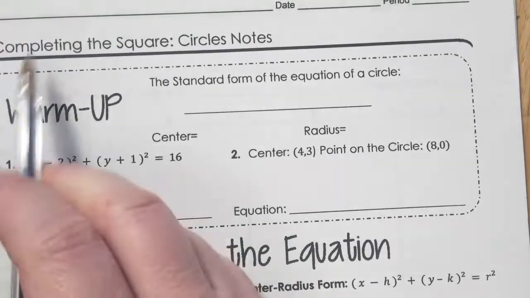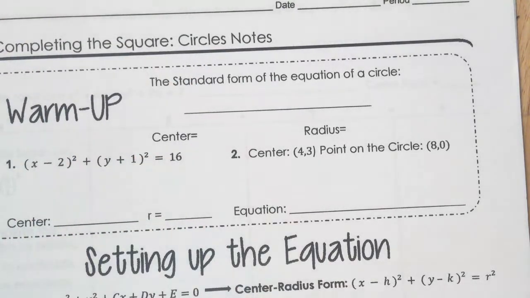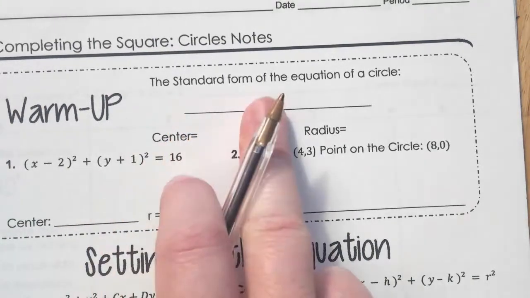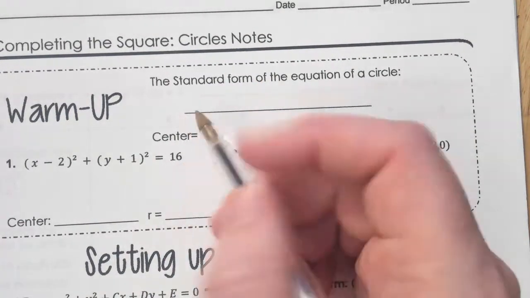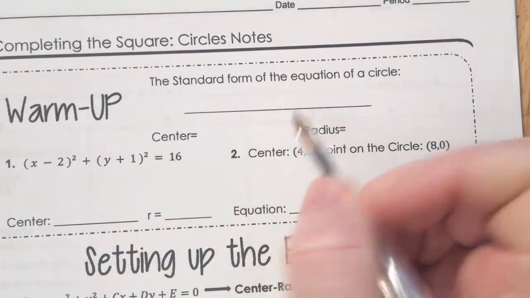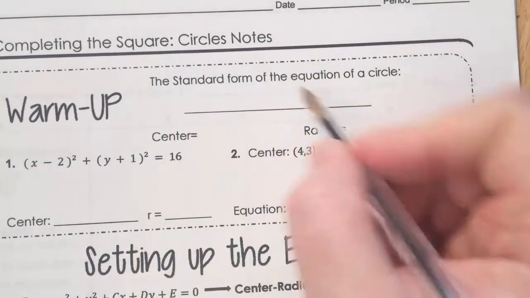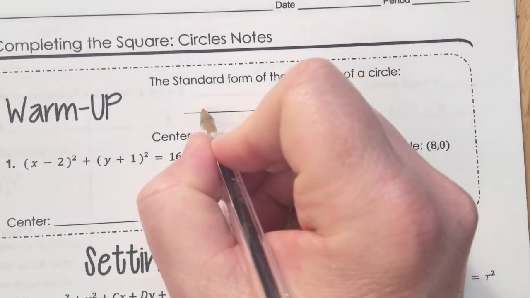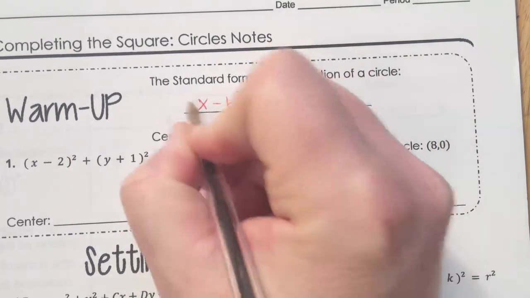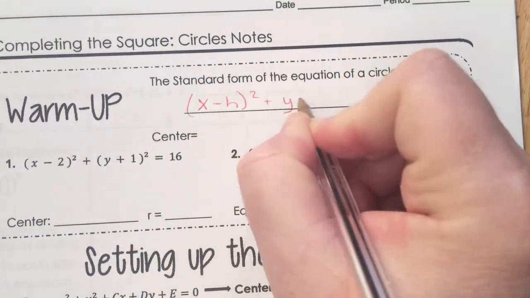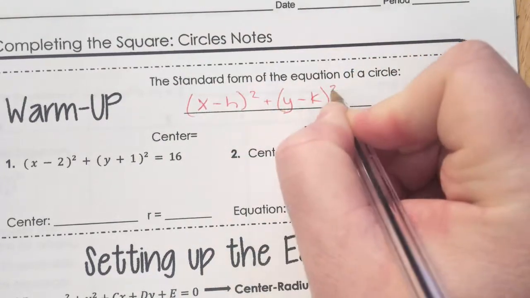All right, so completing the square, circles. We have the standard form of the equation, which is actually what we're doing today, because we already did the equation for circles yesterday. So today's standard form of a circle is (x minus h) quantity squared plus (y minus k) quantity squared.